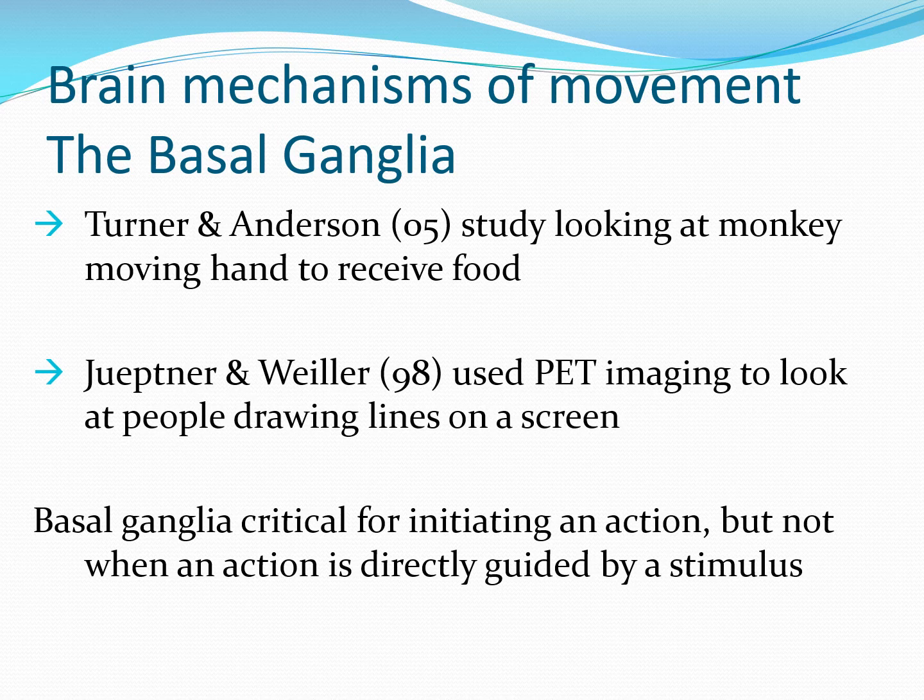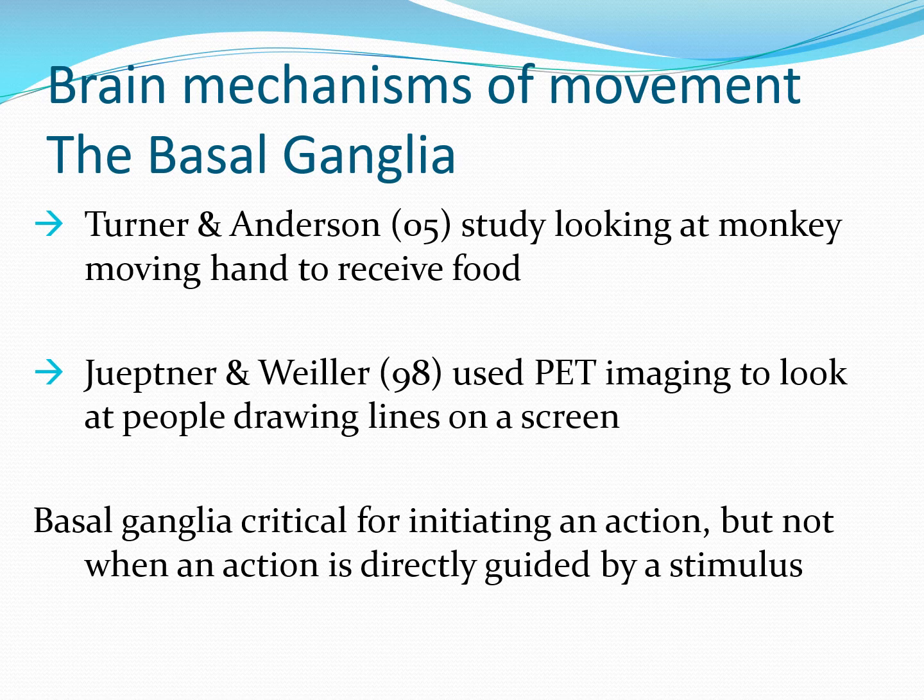And here are some people whose names I'm not going to say correctly, I'm pretty sure. Wepner and Weiler in 1998. They used PET imaging to look at people's brain activity as they were drawing circles on a screen with a computer mouse.